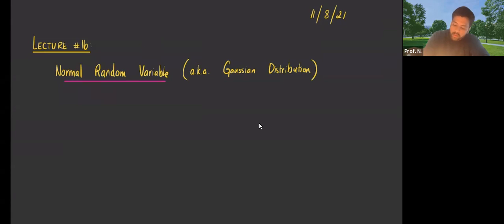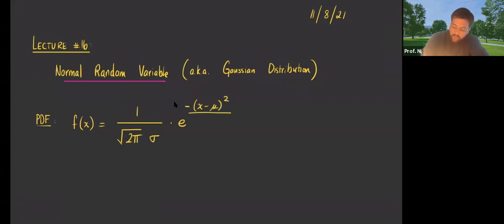And there are a lot of characteristics about this particular random variable. We discussed its PDF, probability density function, which has a very distinct form: 1 over the square root of 2 pi sigma multiplied by e to the negative (x minus mu) squared all over 2 sigma squared.